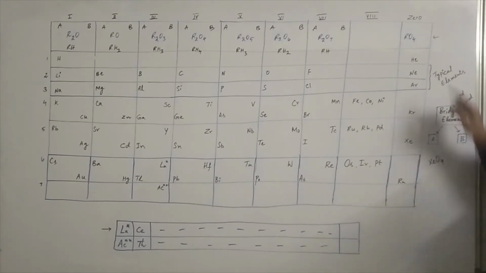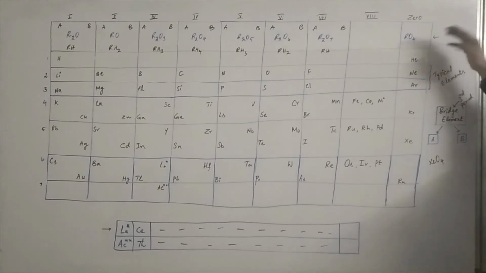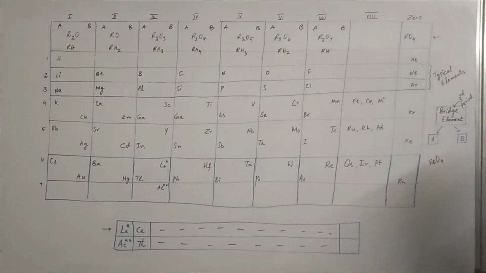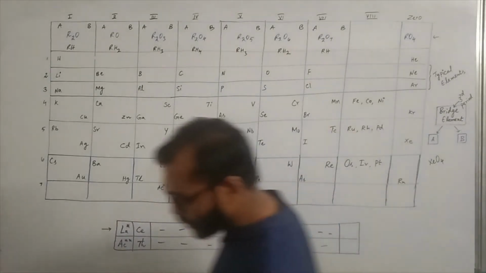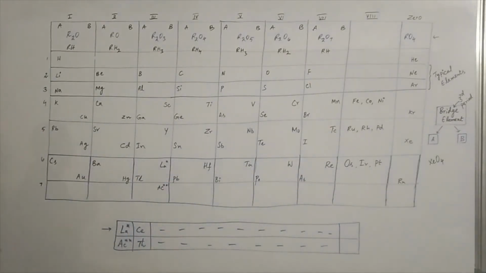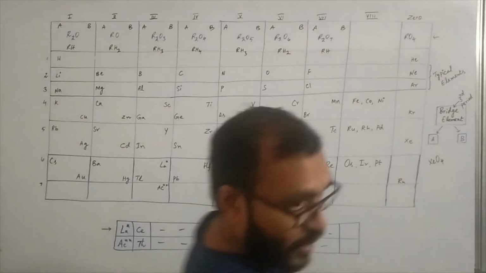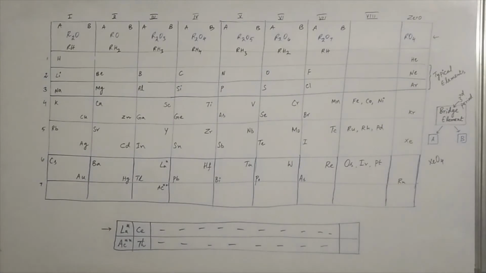So xenon can show a valency of 8. So it can combine with 4 oxygens. Oxygen's valency is 2, hydrogen's valency is 1. So valency of elements with respect to oxygen increases from 1 to 8. With respect to hydrogen, it increases from 1 to 4 and then decreases. This is about the valency of the respective elements with respect to hydrogen and oxygen.